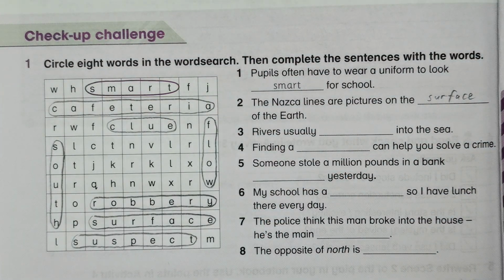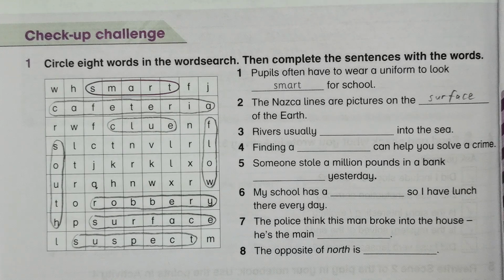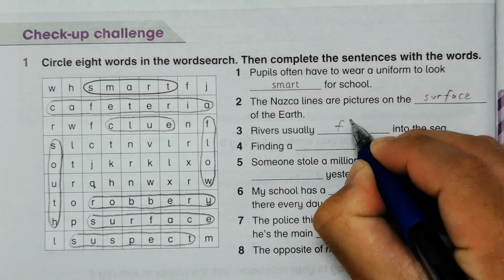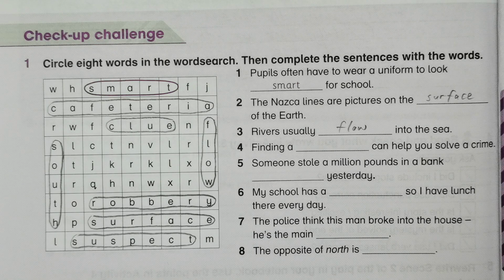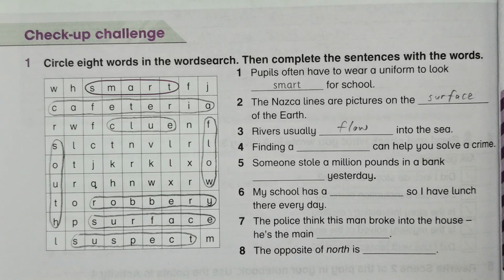And number 3, rivers usually flow into the sea. So this is flow. And number 4, finding a clue can help you solve a crime. So this is clue.